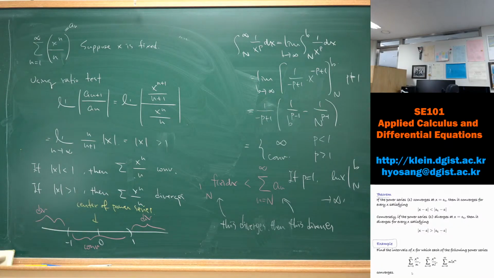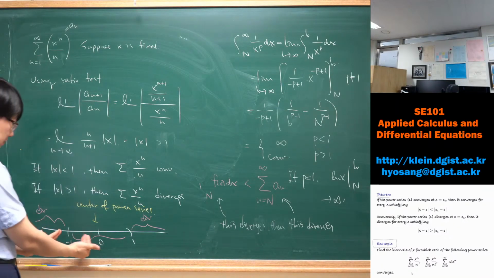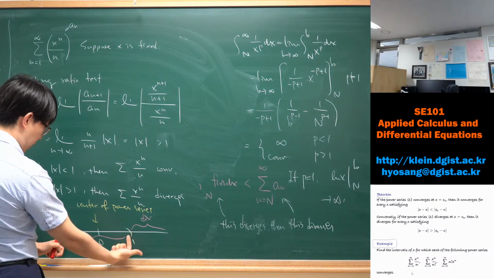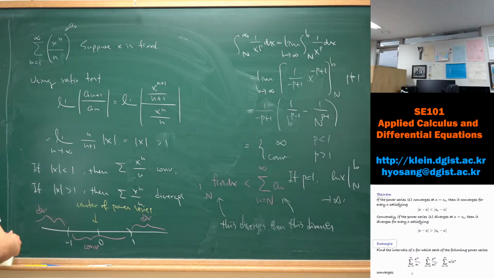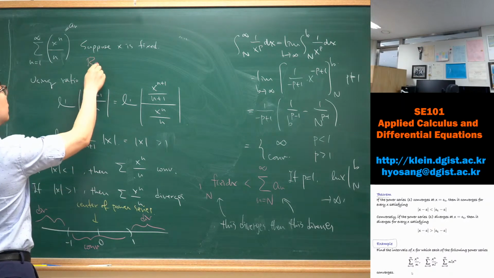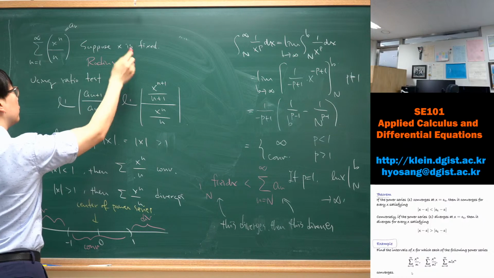Okay? So therefore, I cannot pass this boundary. I cannot pass the radius 1. So radius is 1. Okay? So therefore, radius equals 1.